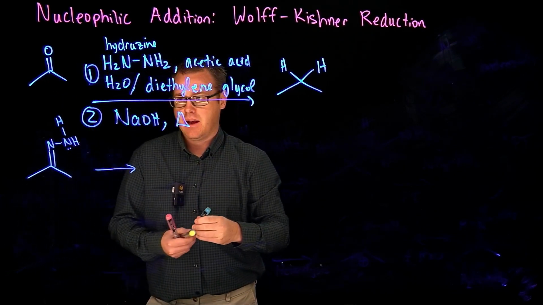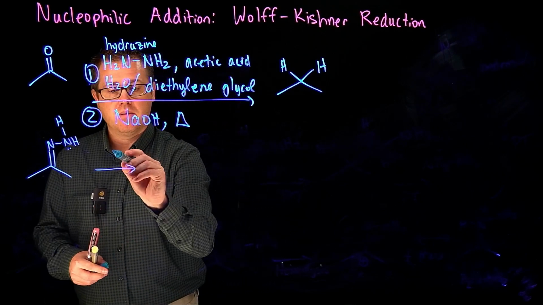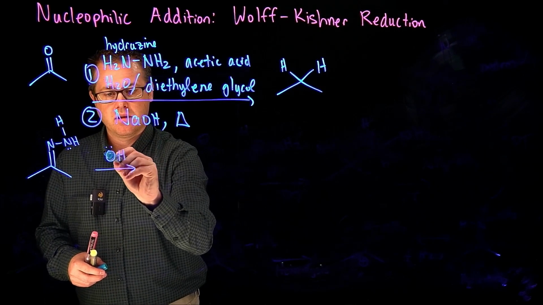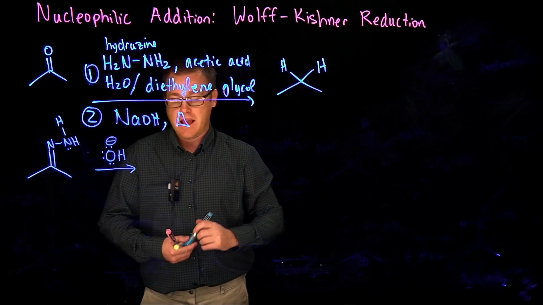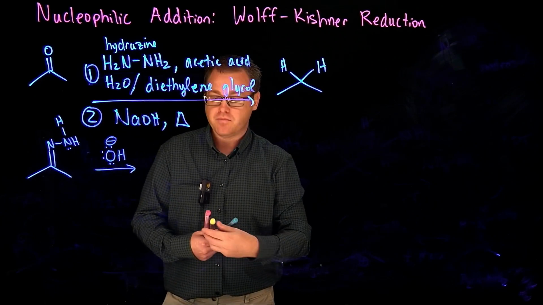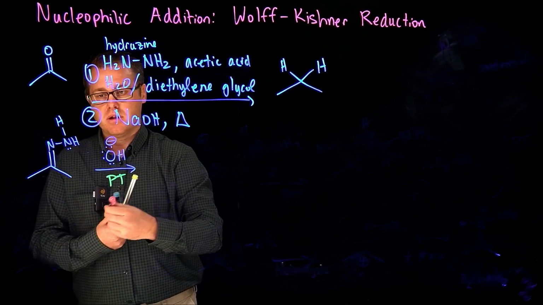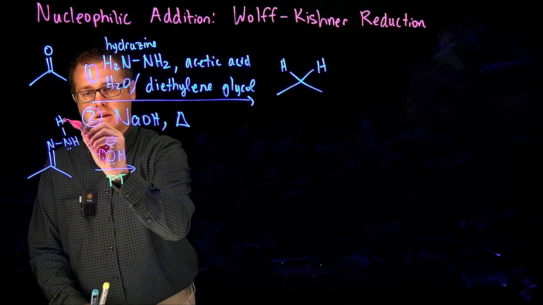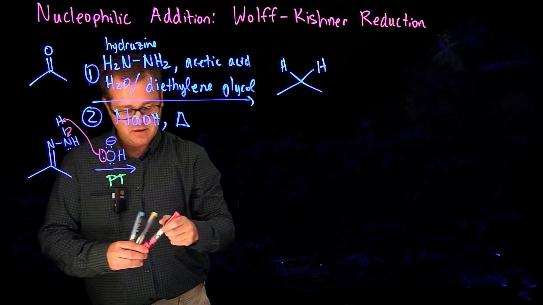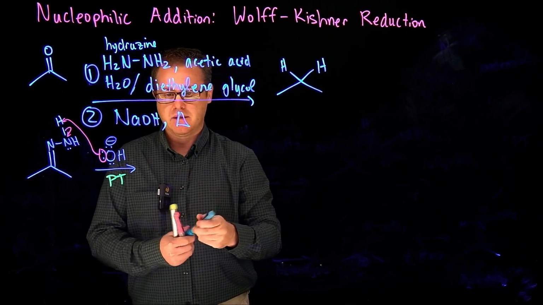And the reason why we need to do that is because we're going to invoke the base right here from the sodium hydroxide and do a proton transfer. And so in this proton transfer, we're going to just have that guy come in and go like that. And then we're going to have a negatively charged nitrogen species.